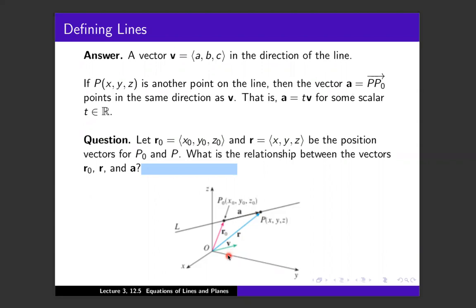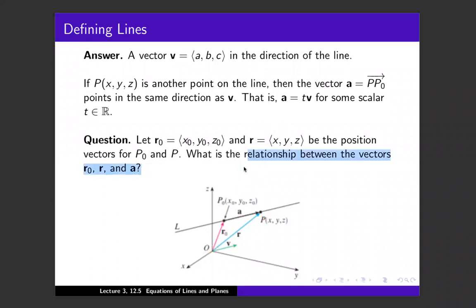So here's a question. If R naught is the position vector for x naught, y naught, z naught, and R is the position vector for x, y, z, then what's the relationship between R, R naught, and A? What's the relationship between these three vectors?